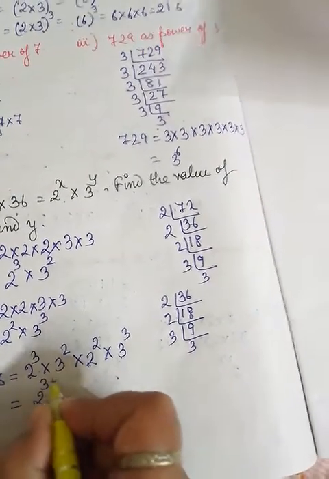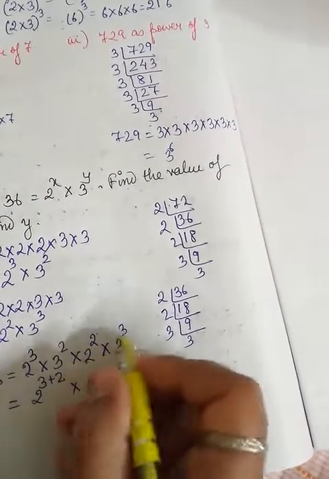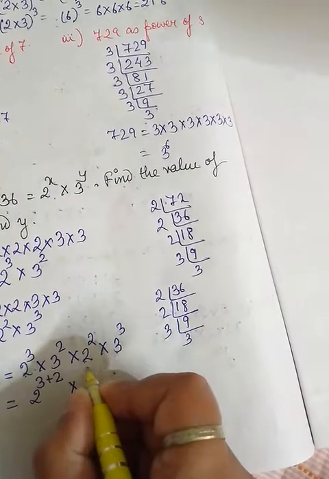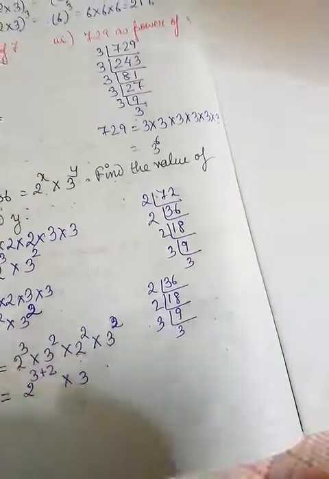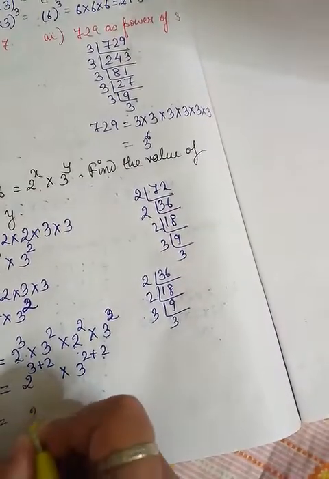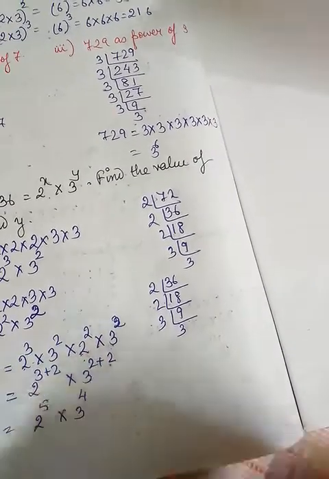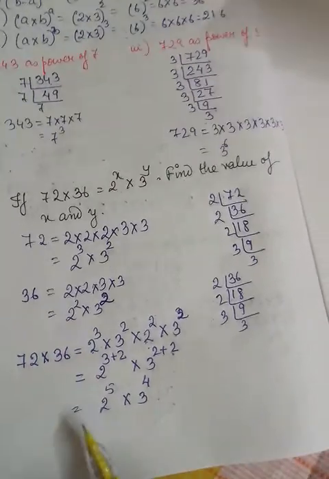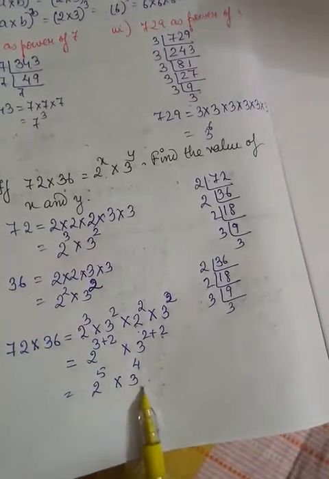So it will be 3 plus 2. Similarly for 3, it is square, 2 plus 2. So it will be 2 to the power 5 into 3 to the power 4. So we have brought down 72 into 36 to 2 to the power 5 into 3 to the power 4.